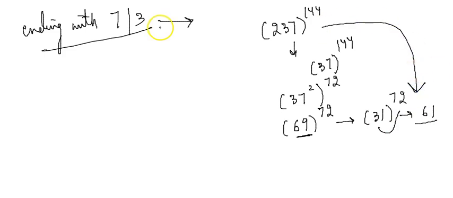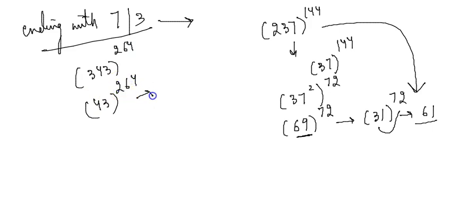Okay. Same way for numbers ending with 3 also. Suppose the question is 343 raised to the power 264. So it would be 43 raised to the power 264. You can write it as 43 square raised to the power 132, and the last two digits of 43 square will be 49 raised to the power 132.